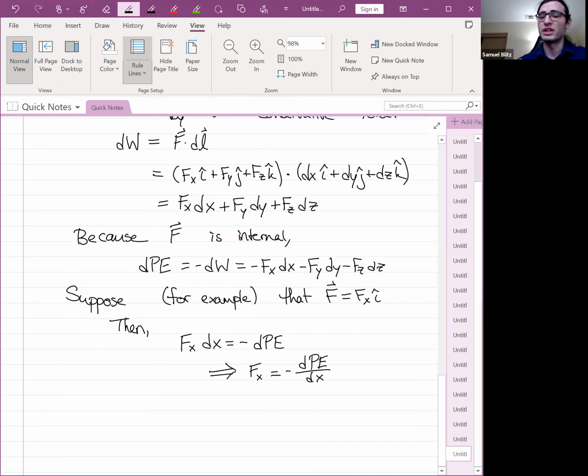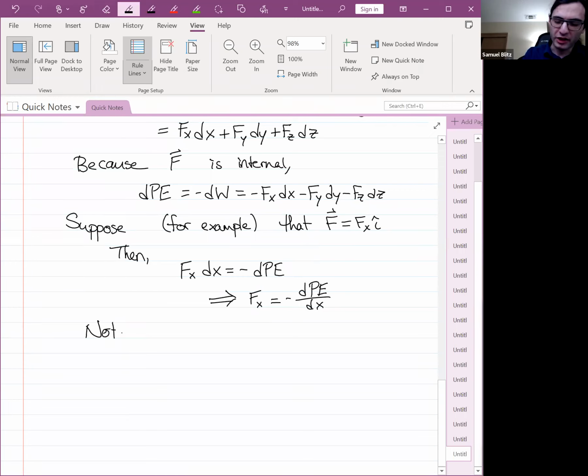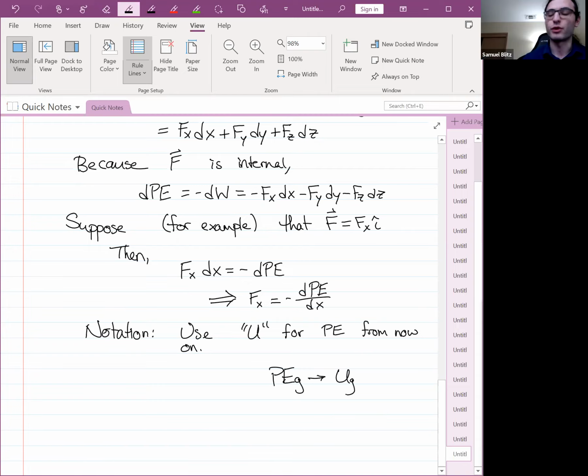Now, just to make notation easier, so I'm not carrying around a PE everywhere, just keep in mind that we're going to change notations. We are going to use the variable capital U for potential energy from now on. So instead of seeing PE sub g, I'll write U sub g, for example.